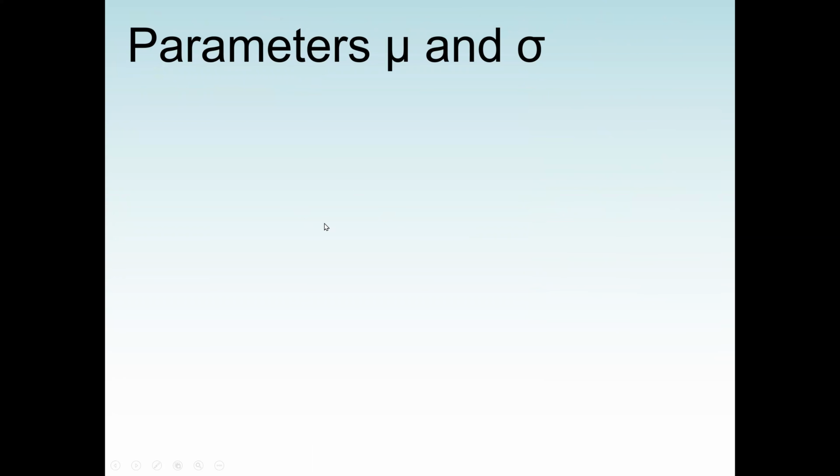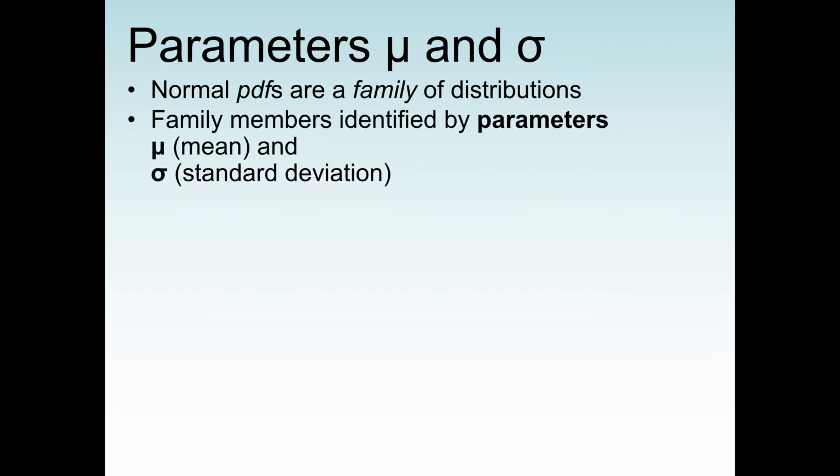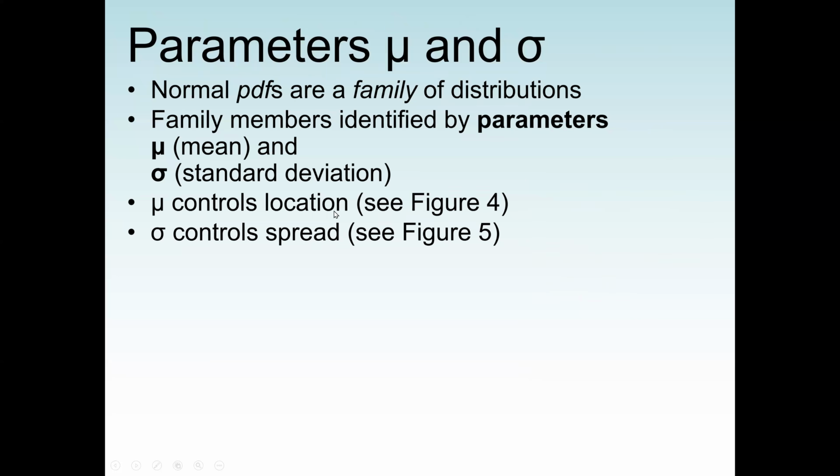The 2 main parameters of a normal distribution are the mean and also the standard deviation, and that tells us the shape of the bell curve. So again, the mean and the standard deviation. The mean controls the location. So if the mean value is bigger, the graph will shift to the right.